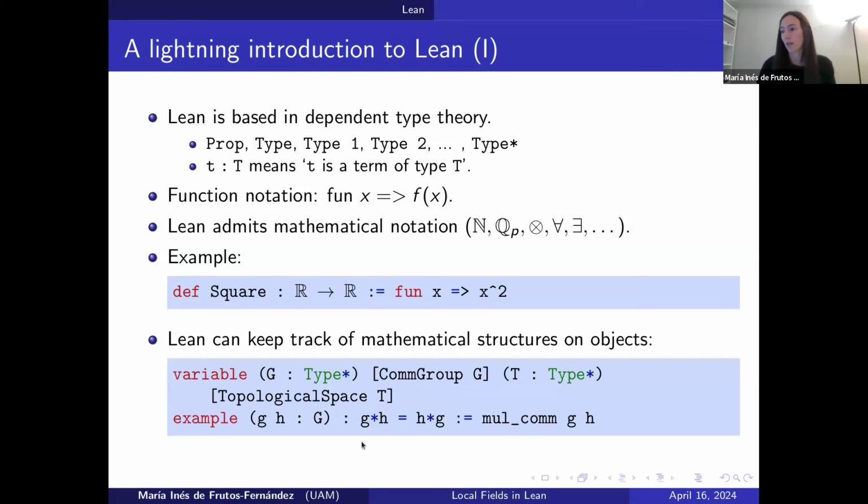Now, once we have set up these variables, Lean is going to be able to access the structure associated to these objects. For example, if I have two elements g and h in this group G, I can prove that g times h is equal to h times g, because Lean already knows that G is a commutative group, and therefore this is a true statement.